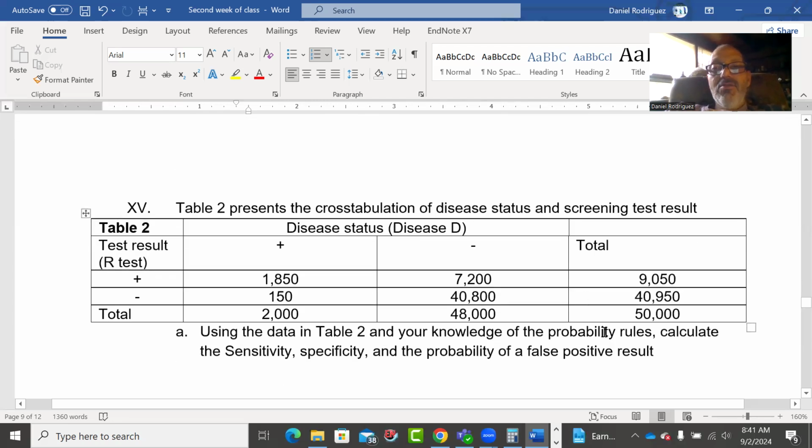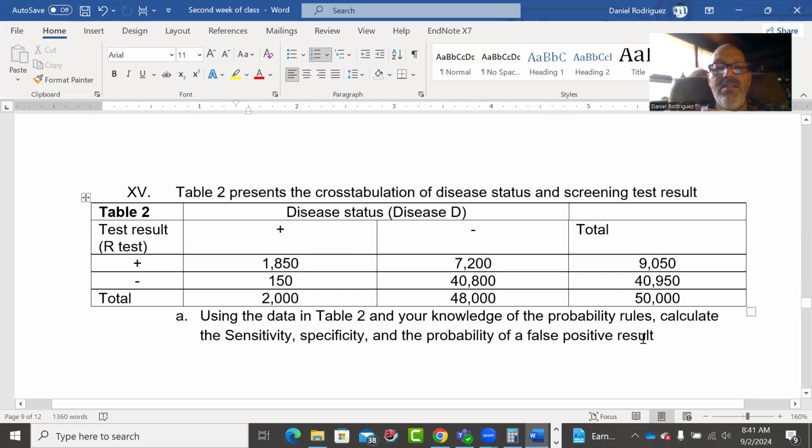One of the things you're going to have to do on an exam is complete a contingency table like this one. So I'll start by giving you a set of values, and then I'll ask you to fill in 1, 2, 3, 4, 5, 6, 7, 8 values. I'll give you the sample size, and I'll give you the sensitivity and specificity.